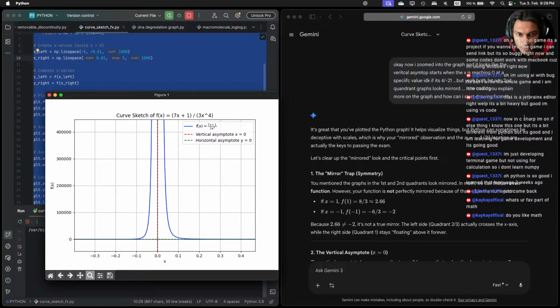Oh, a terminal game. It's a project. If you want to test the game, I can send the link. But it's so buggy right now, and some codes don't work with the MacBook because I'm using Windows right now. Hey, I mean, the fact that you have a working game, even if it's buggy, that's cool. Do you have any working footage on your channel or something? Coding a game in Python. Okay.